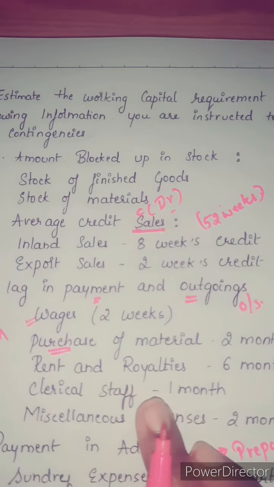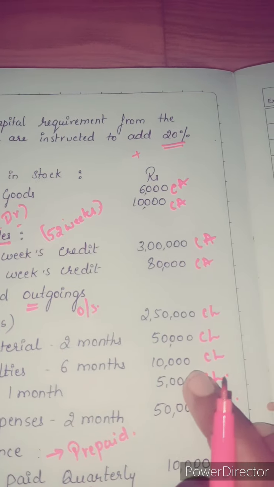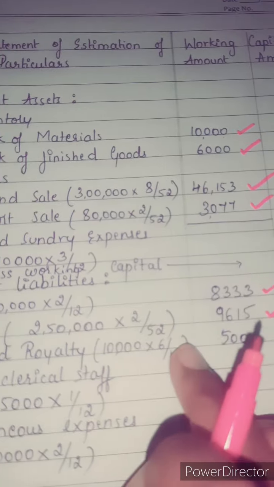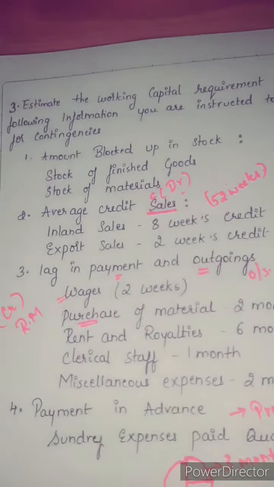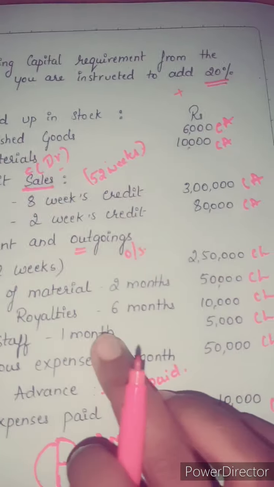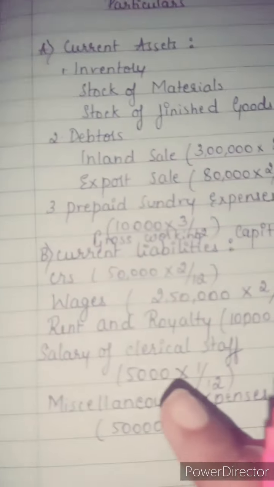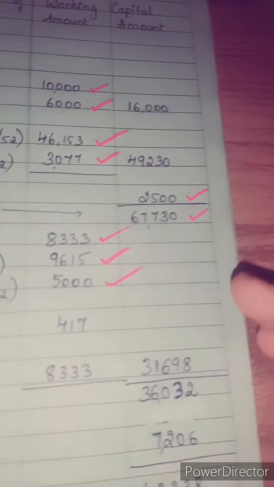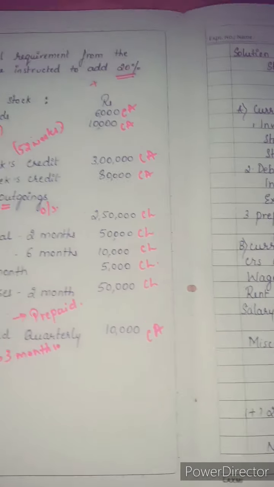Next, rent and royalty outstanding for 6 months, amount given is 10,000. So 10,000 into 6 divided by 12, that is equal to 5,000. Next, salary of clerical staff outstanding for 1 month, 5,000 into 1 divided by 12, that is equal to 417.